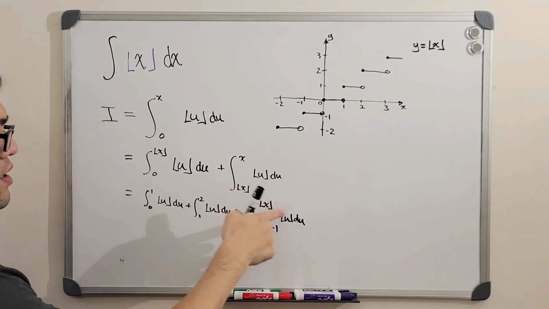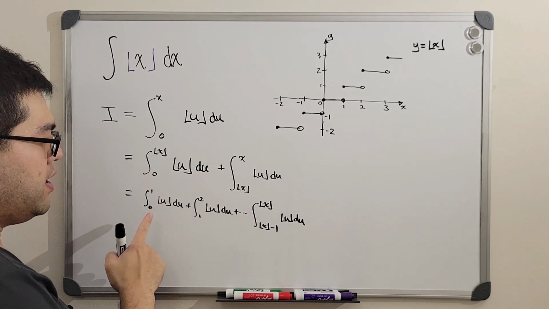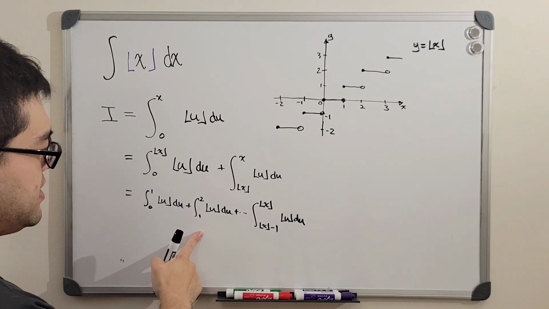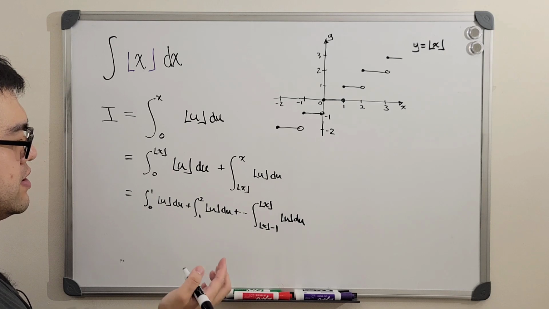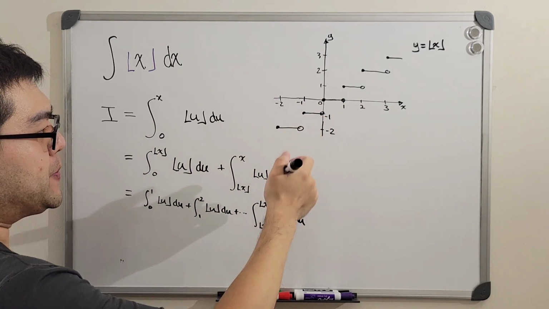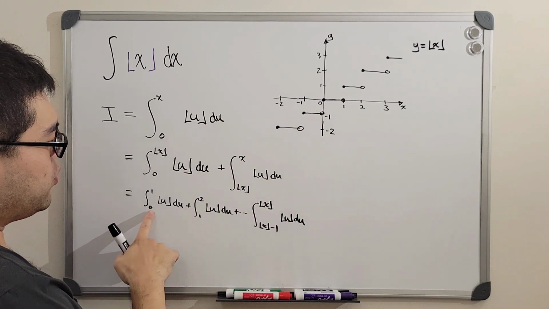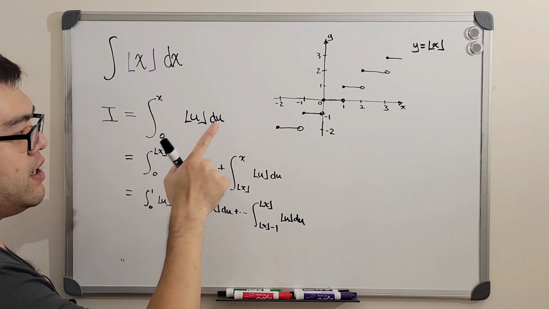For this interval here, we can divide into x amount of intervals, such that if we look at this graphically, we see that within each small interval the function is always a constant.